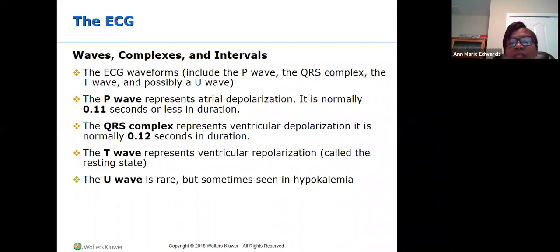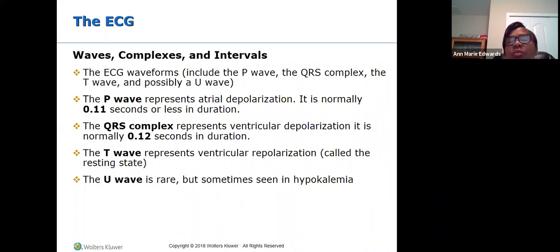The P wave represents atrial depolarization. Now, when we did our action potential, we did depolarization, repolarization, action potential, okay? So the P wave represents atrial depolarization. And remember, atrial depolarization occurs before atrial contraction, okay?